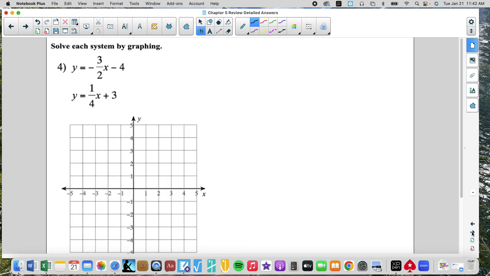Number 4, also in slope-intercept form. We'll do this top equation, y equals. Now that negative sign is outside, so there's only one negative. You can either put it up on the top or the bottom. I'm going to put it up on the top for no reason other than I can make decisions, being assertive.